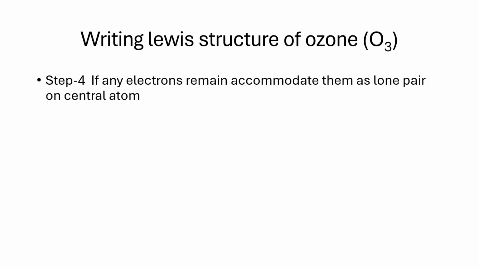So let me redraw what I did in the previous slide. So now we have just 2 more electrons to accommodate. So if there are any electrons remaining, we put them as a lone pair on the central atom.